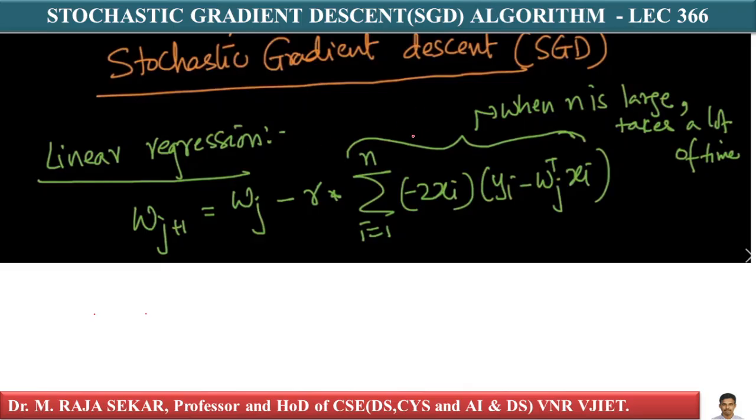We say this is the problem when we apply gradient descent for data science applications, especially when the data is large.